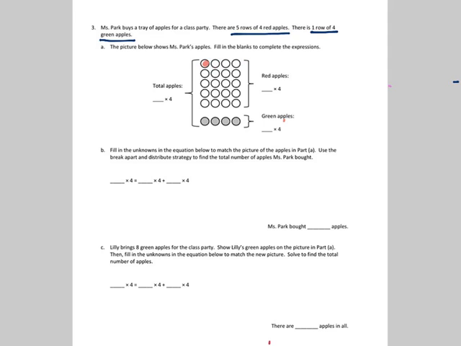Let me show you. This is the second row of 4 red apples. This is the third row, this is the fourth row, and this is the fifth row of 4 red apples. And there is 1 row of green apples that Miss Park buys.